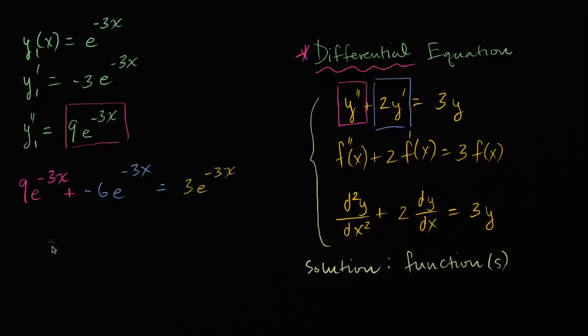And let's see if that indeed is true. So these two terms right over here, 9e to the negative 3x minus 6e to the negative 3x, that's going to be 3e to the negative 3x, which is indeed equal to 3e to the negative 3x. So y1 is indeed a solution to this differential equation.